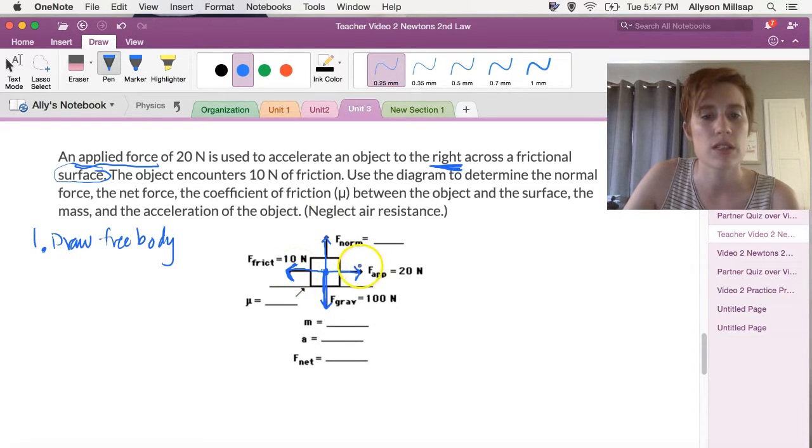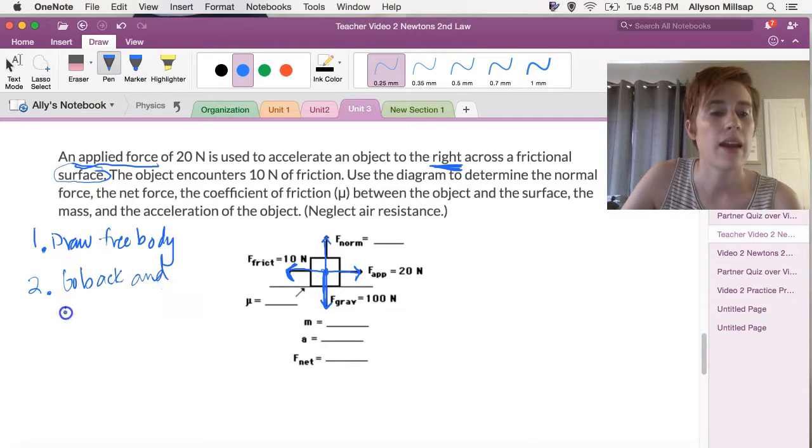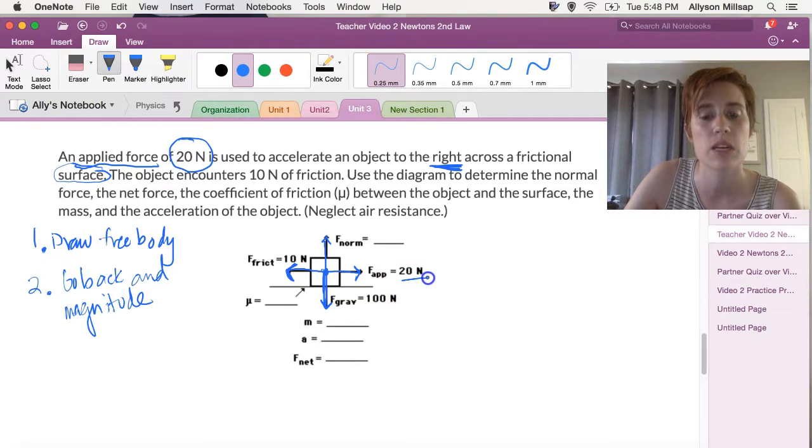Label all your forces, and then I want you to go back and add a magnitude to your forces. So you're going to go back to this problem and look and say, okay, the applied force was 20 newtons. So I'm going to come back here and write down 20 newtons for my applied force. And then do that with any other force you see. So here there's 10 newtons of friction, so I labeled it right here.